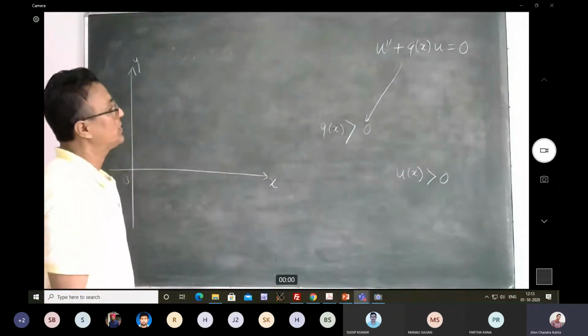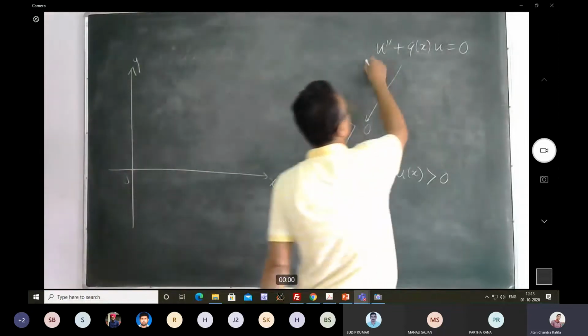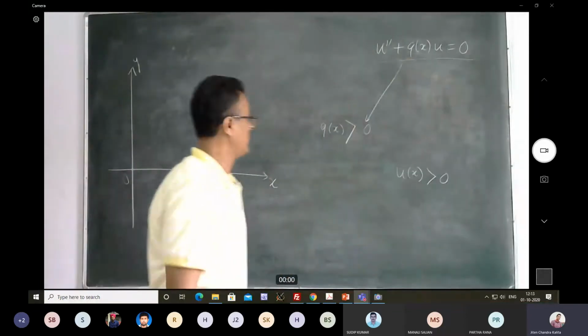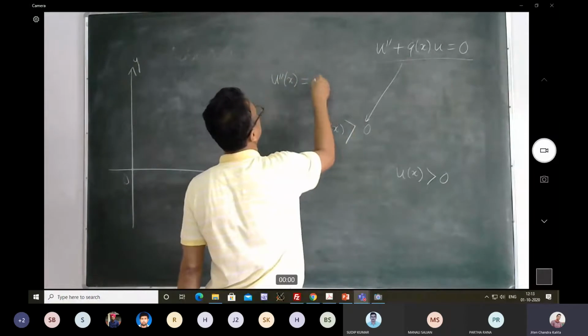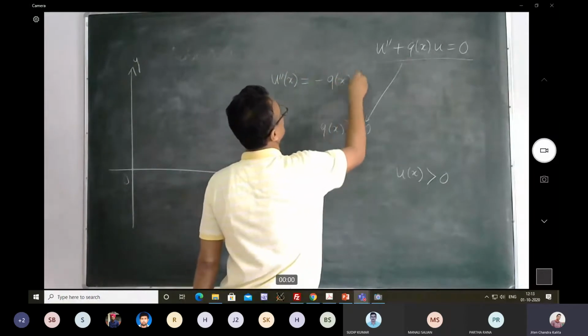Now if I look at this differential equation, it gives me u''(x) equal to minus q(x).